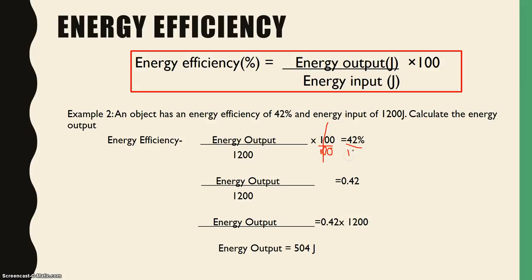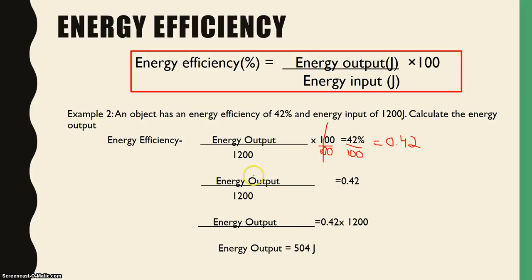So we also need to divide 42% by 100. Now we have the energy output divided by 1200 still remaining. There's no times 100 here because we've gotten rid of it, equals 0.42. 42% is the same as 0.42 as a decimal.